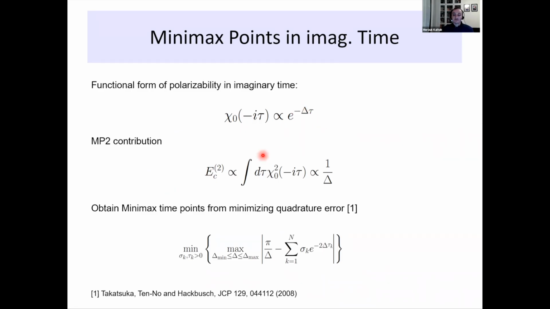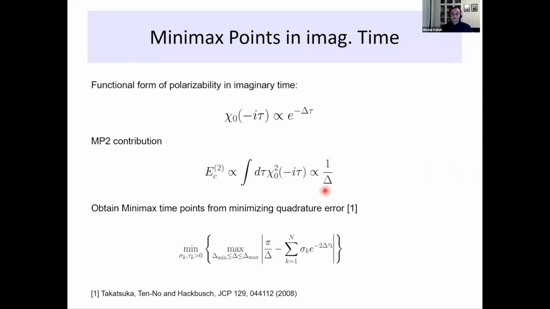And next we proceed in the same way as for the imaginary frequencies and compute the MP2 contribution to the energy, but this time in imaginary time. Note that this integral goes over positive times only. And then you end up with the explicit form for this contribution, which of course is again the same as for the frequency one, namely 1 over the transition energy delta.